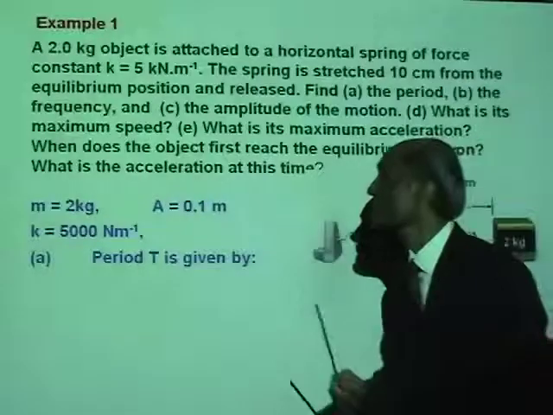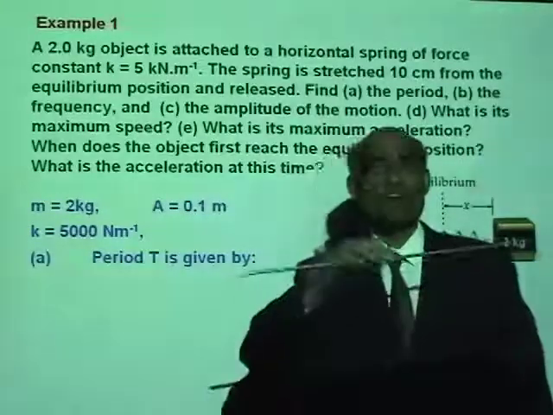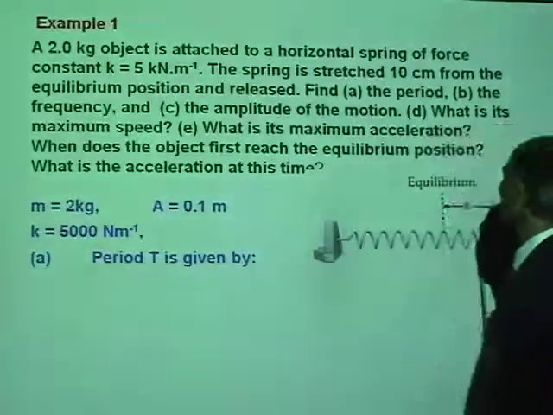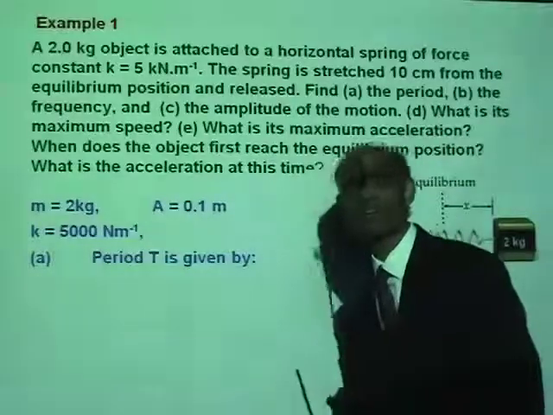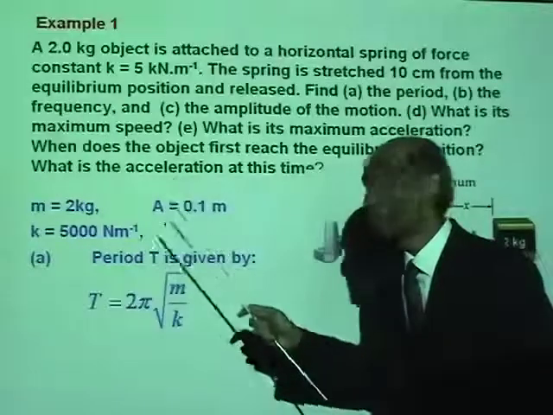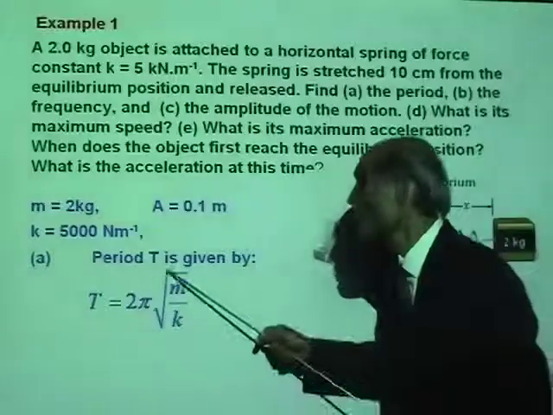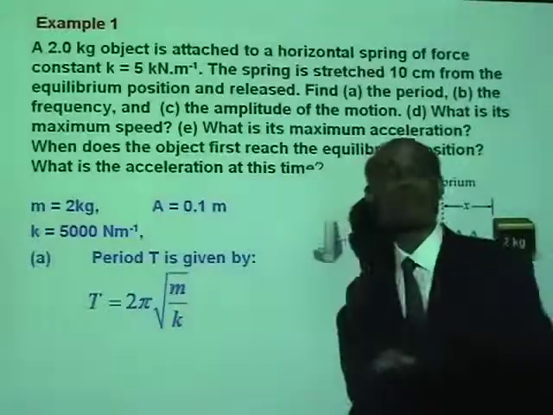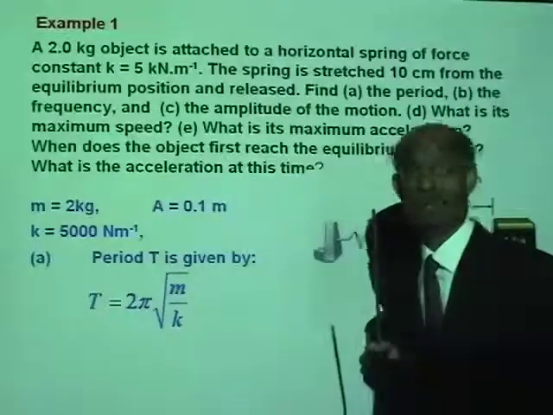Alright. Period T, what is the equation for the period of oscillation of a spring like this? Do you recall that equation for the period? I don't think I put that equation earlier on. Period T of oscillation is 2π square root of m over k. Add this equation along with the other equations.